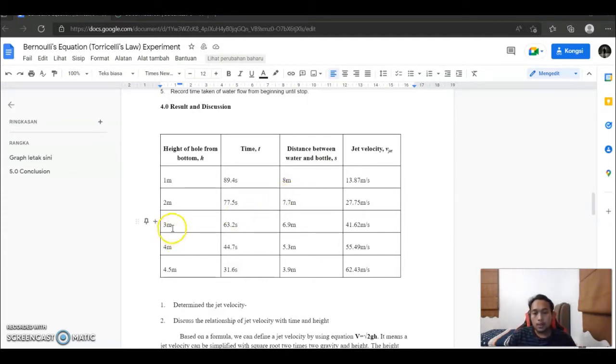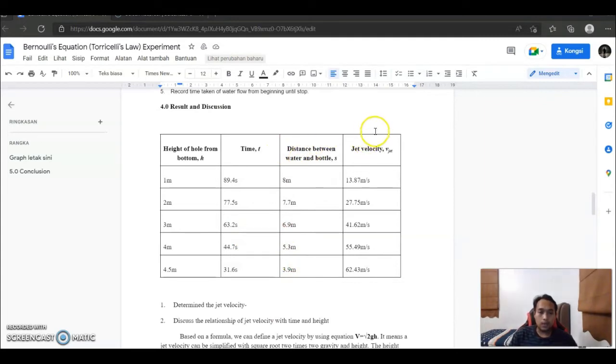For the 3 meter, we get 63.2 seconds for the time and 6.9 meter for the distance between water and bottle. The second last is 4 meter. We get 44.7 seconds for the time and 5.3 meter for the distance. Lastly, for 4.5 meter, we get 31.6 seconds for the time and 3.9 meter for the distance.